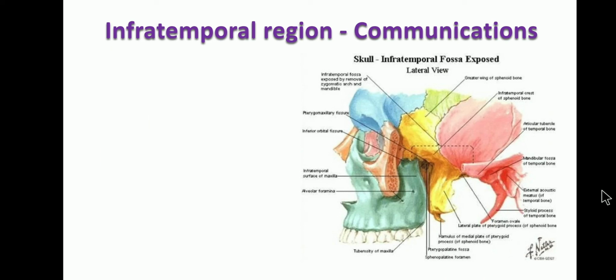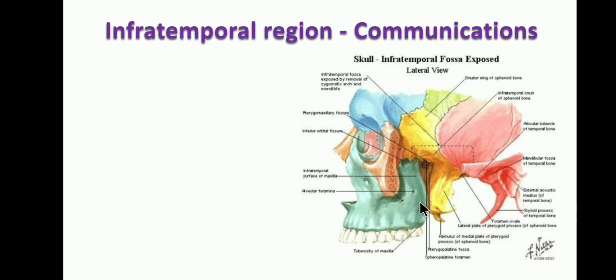Okay. So now coming to the communications of this infratemporal fossa. Before that, I will quickly repeat the boundaries. Anteriorly, the posterior surface of the body of the maxilla. Posteriorly, you have the styloid process with the carotid sheath. Medially, you have the lateral pterygoid plate.